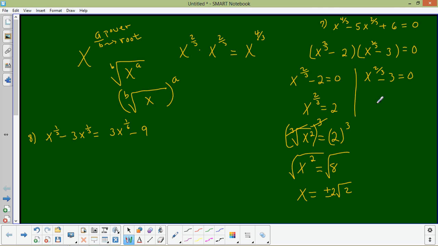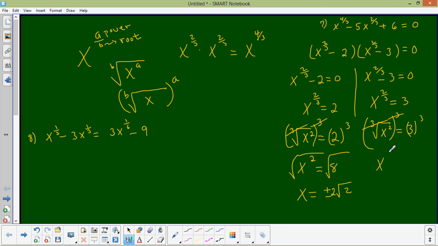Now, in a similar fashion over here, x to the 2/3 equals 3. And again, I'll note for you, this means cube root of x squared equals 3. All right? So I cube both sides. Cubing both sides, the cube gets rid of the cube root.